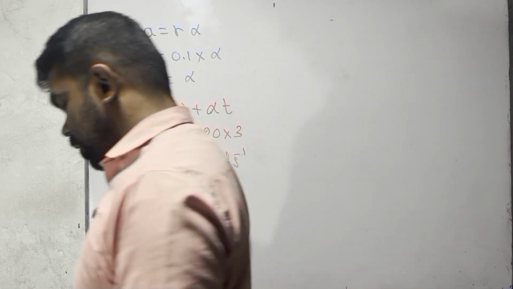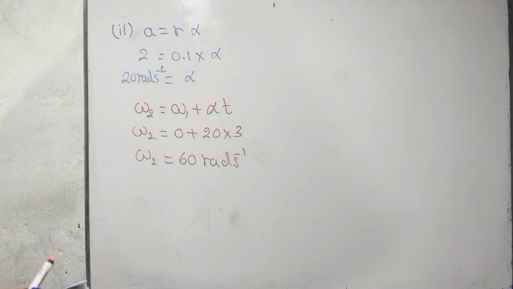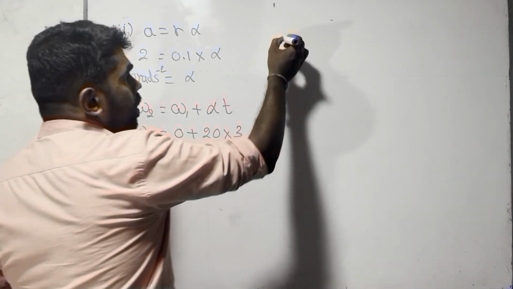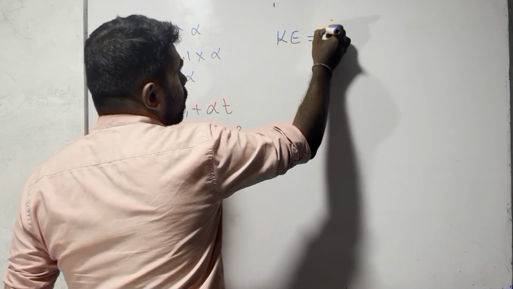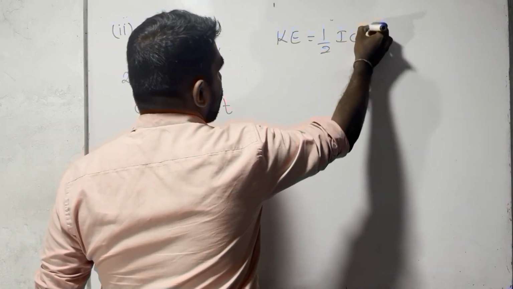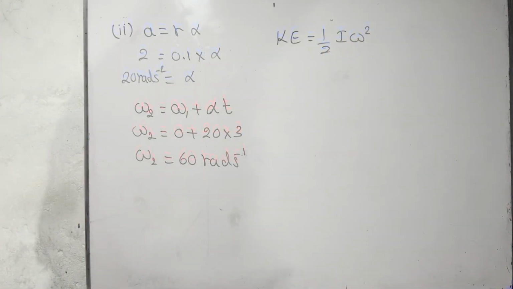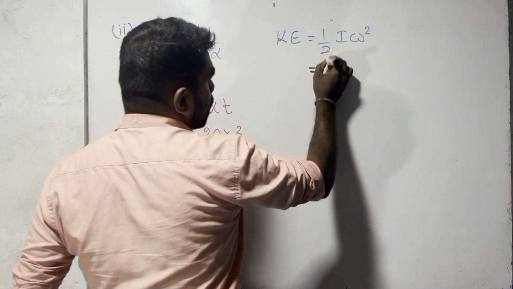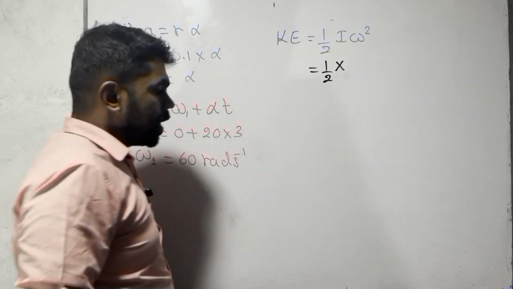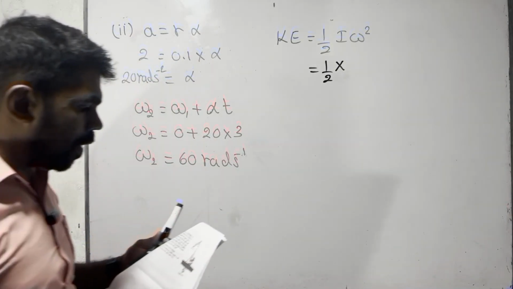Right, then we can use the rotational kinetic energy equation to find the kinetic energy: half I omega squared. Half into moment of inertia 2.5 into 10 to the power minus 3.